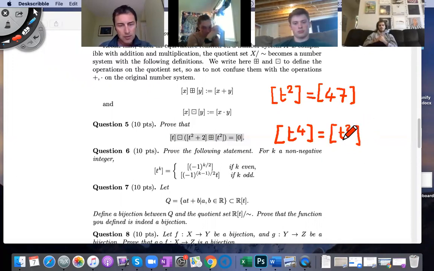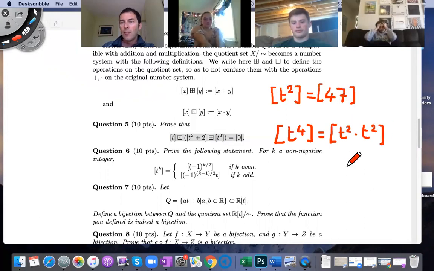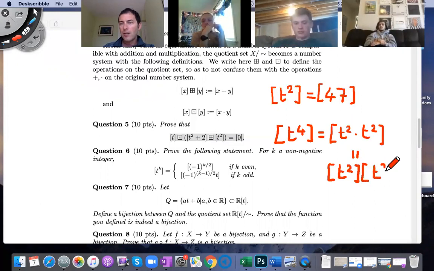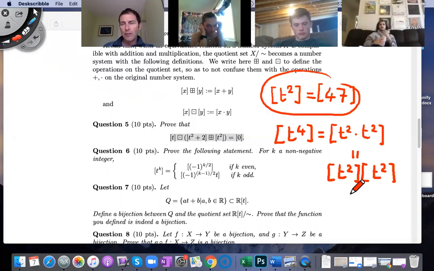But this is the equivalence class of t squared times the equivalence class of t squared. And so if now you have shown that t squared is 47, you can very well replace this with 47 times 47.